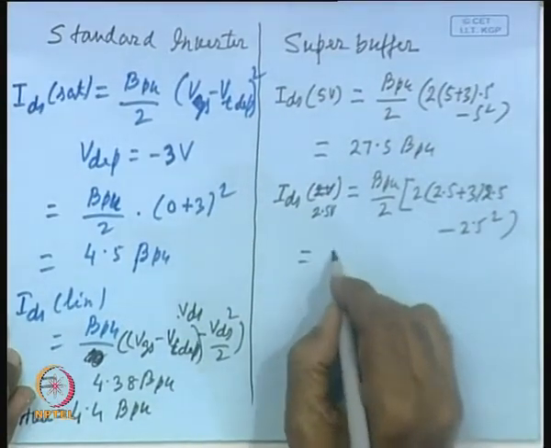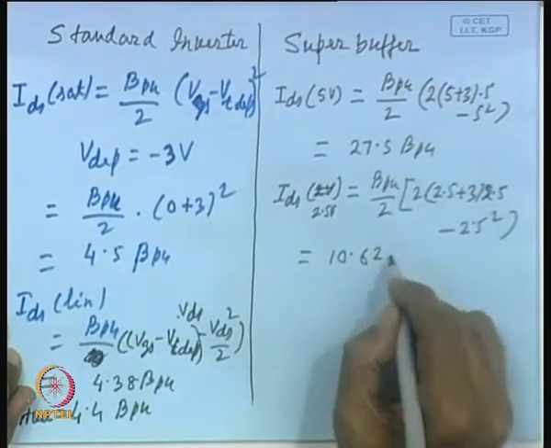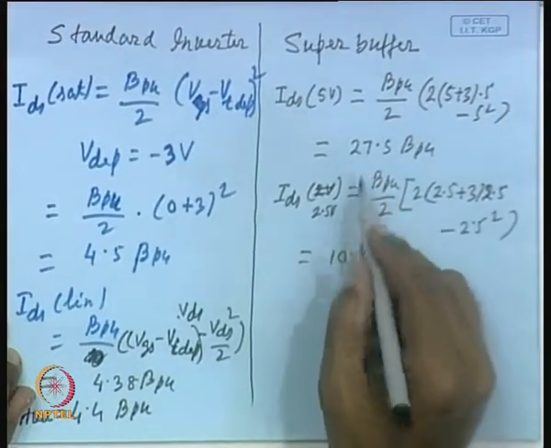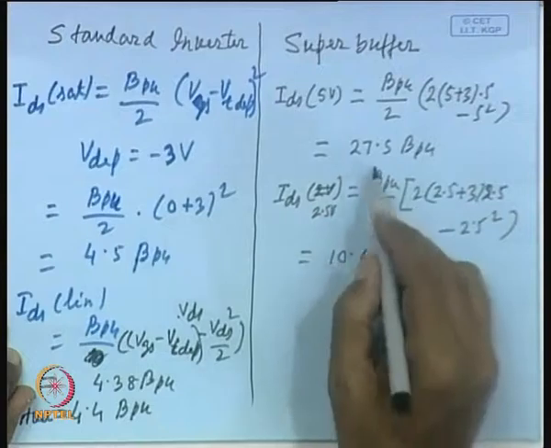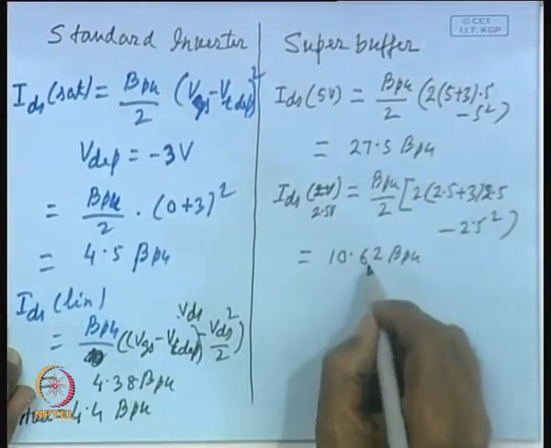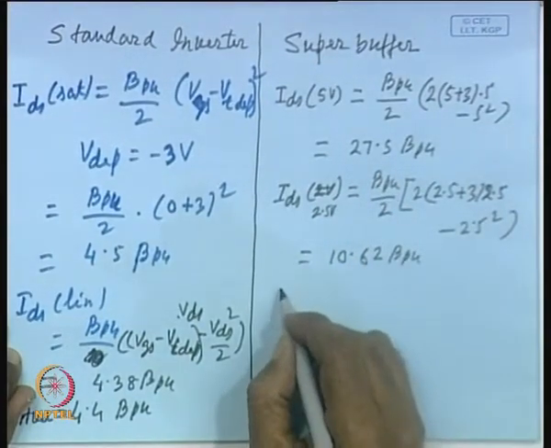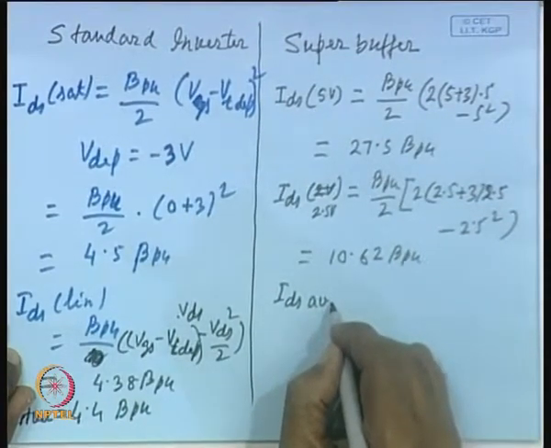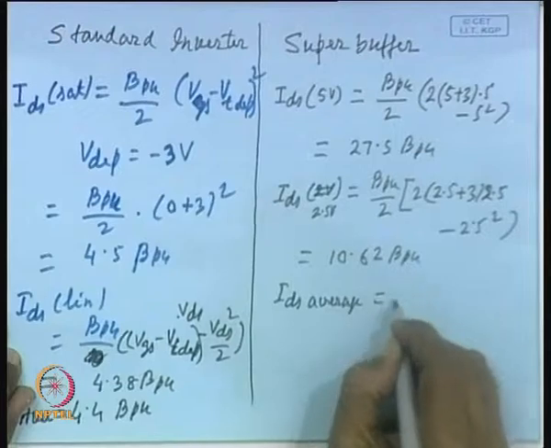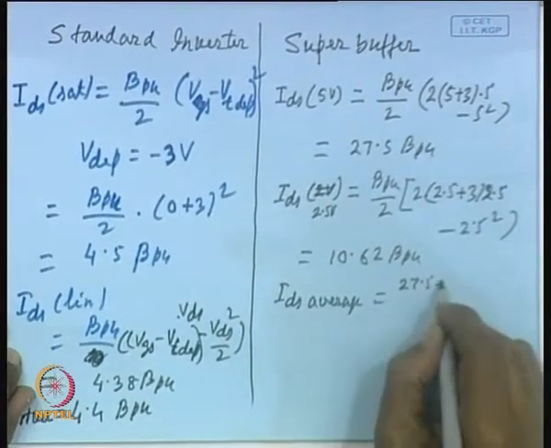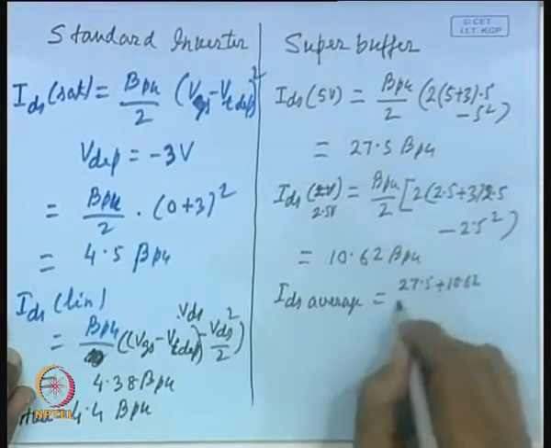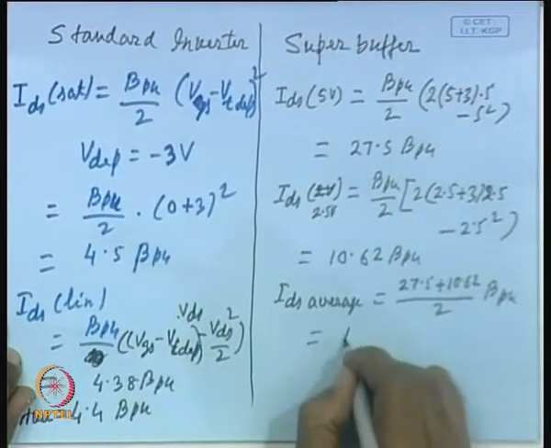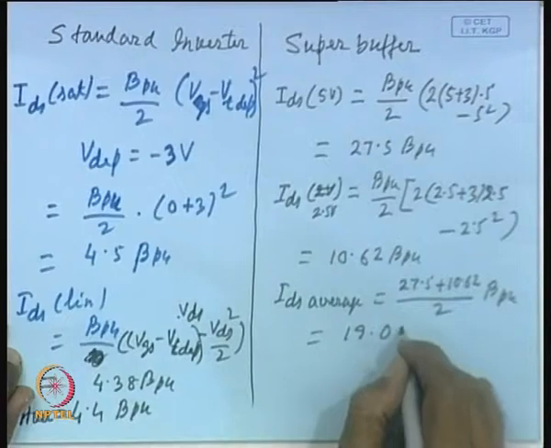If we calculate, it will be equal to 10.62 beta pu. So, if we take the average of the two, we get 27.5 plus 10.62 by 2. So, IDS average will be equal to 27.5 plus 10.62 by 2 beta pu. So, this is roughly equal to 19.06 beta pu.